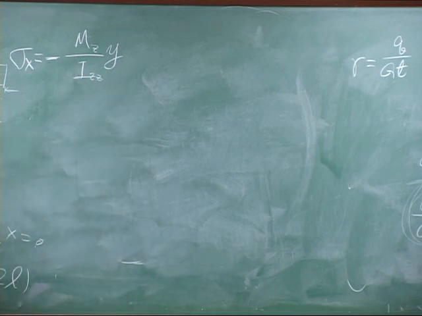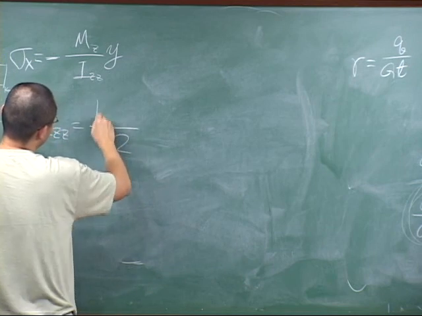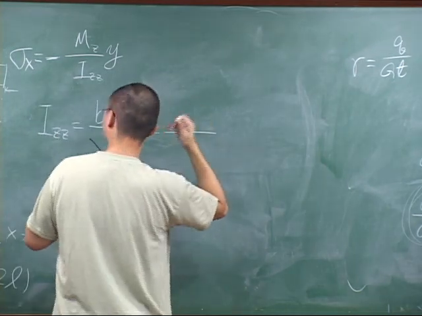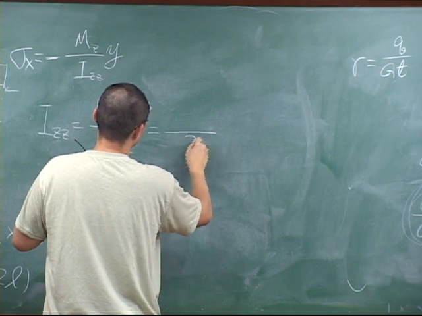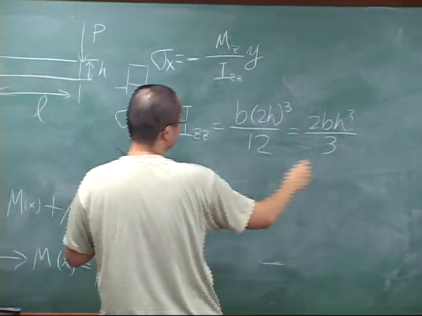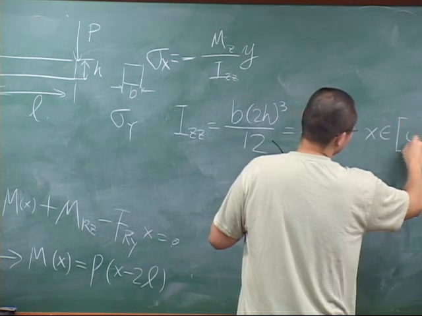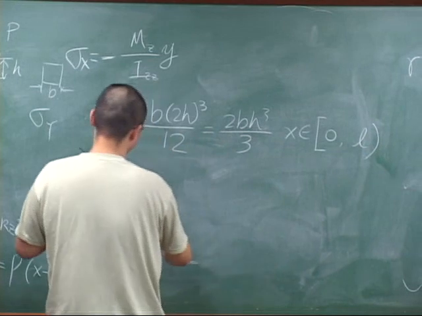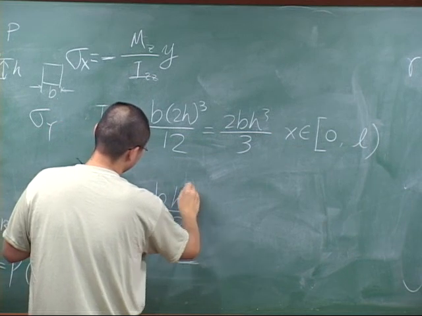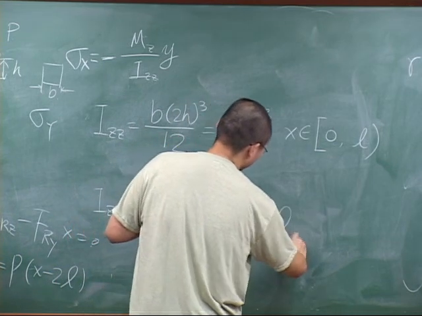For this section, IZZ is equal to bh cubed over 12, when X is from 0 to L, and also IZZ for when X is from L to 2L.